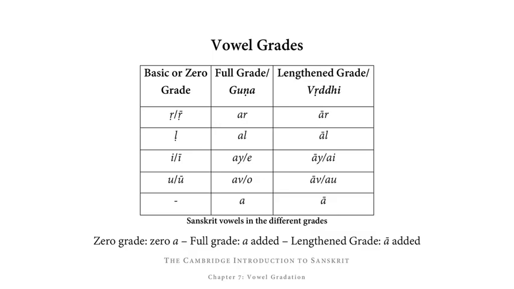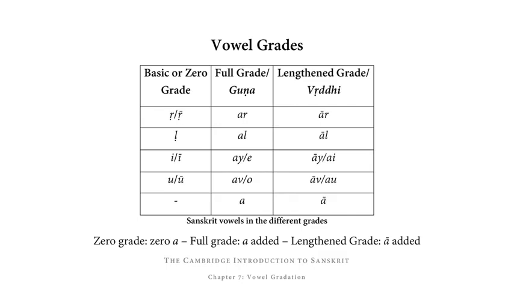Now, this adding of short a and long ā affects all sorts of little changes. So, for example, the vocalic ṛ and vocalic ḷ, if preceded by a vowel a or any other vowel, actually become their semi-vowel equivalents, so turn into the consonantal r, the consonantal l, to give us ar, al, and ār, āl.